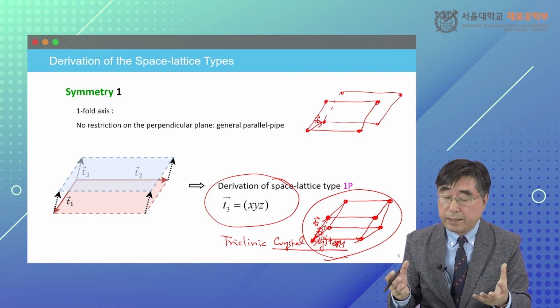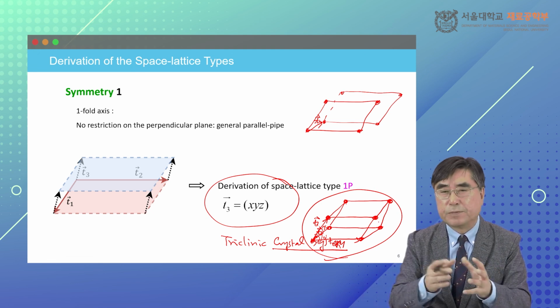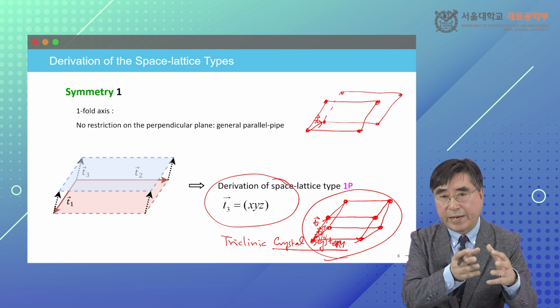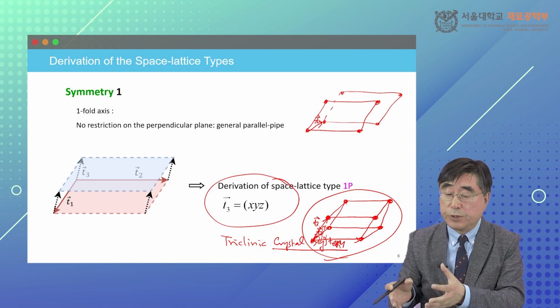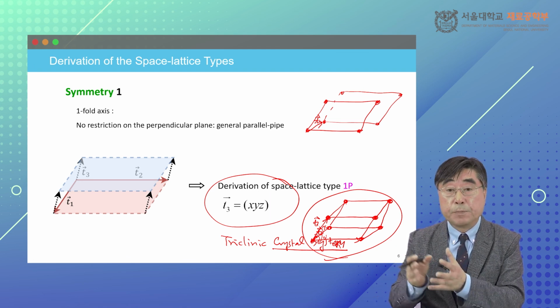And when you look at it, there is only one lattice point, even though there are 8 lattice points, of course. In each unit cell, only a 1/8 fraction of each of these lattice points belongs to this unit cell. So how many lattice points are in this unit cell? There is only one. So this is what we call 1P.